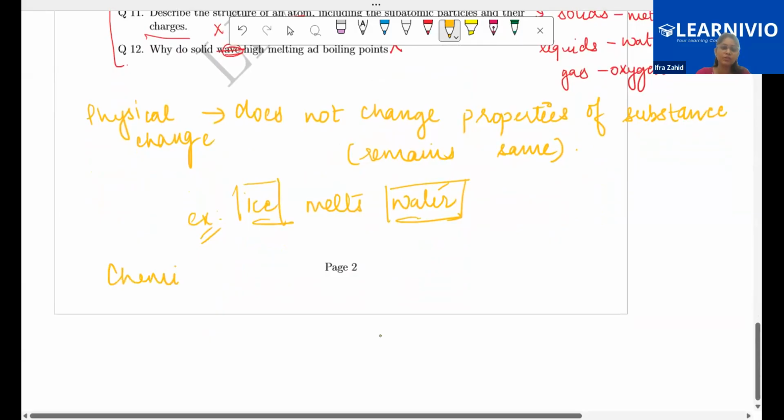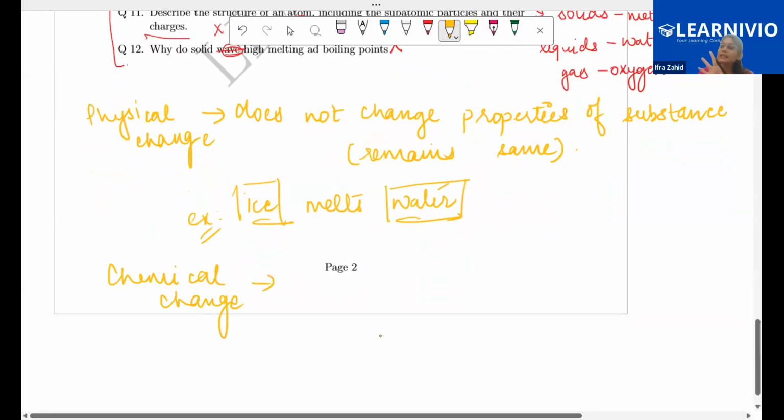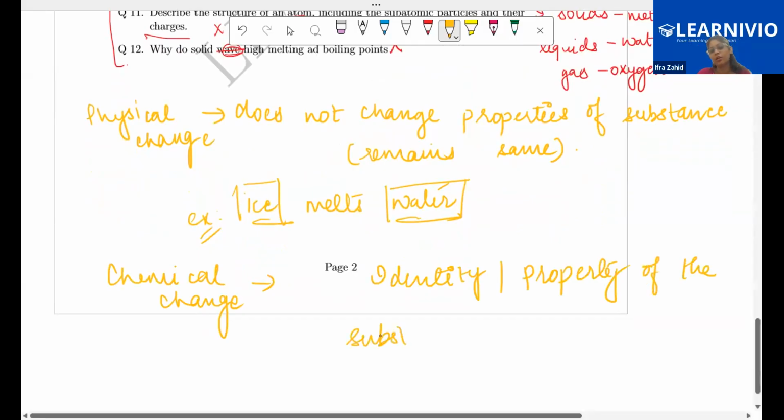But if we talk about a chemical change, then the identity of the substance is completely changed. Identity or property, please pay attention on the screen. I'm noting because it's important. The identity of the substance is changed and a new product is formed. Something new only is formed.